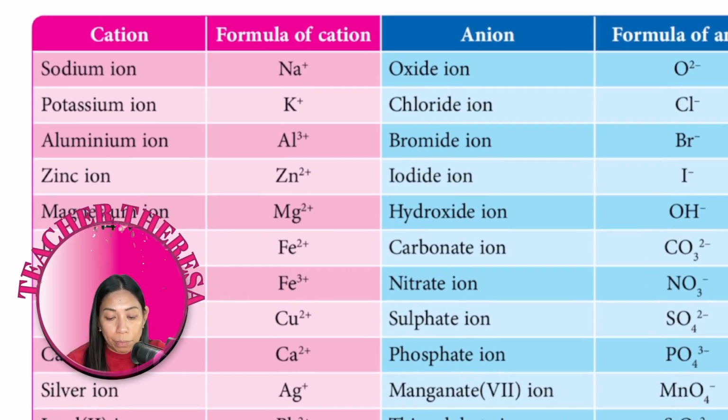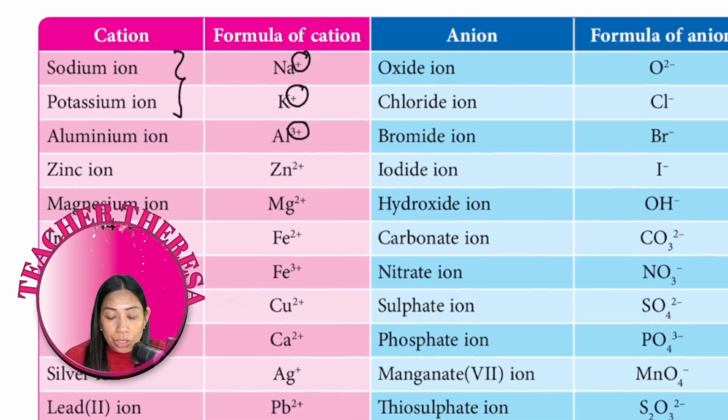We have positive one. Normally group one ions are positive one. Their charge is positive one. And then we have aluminium with three positive. By practice, you will slowly know the charge and the symbol of each ion.